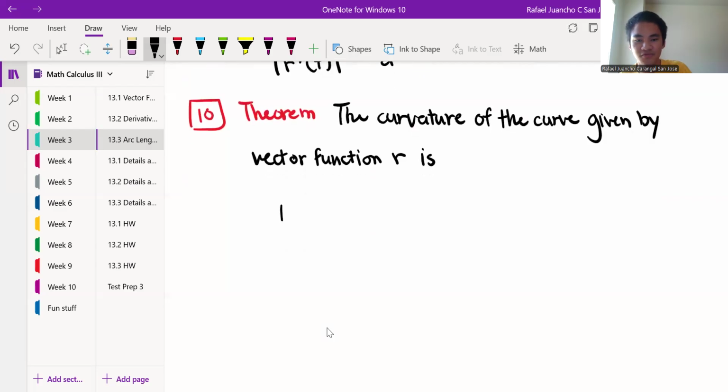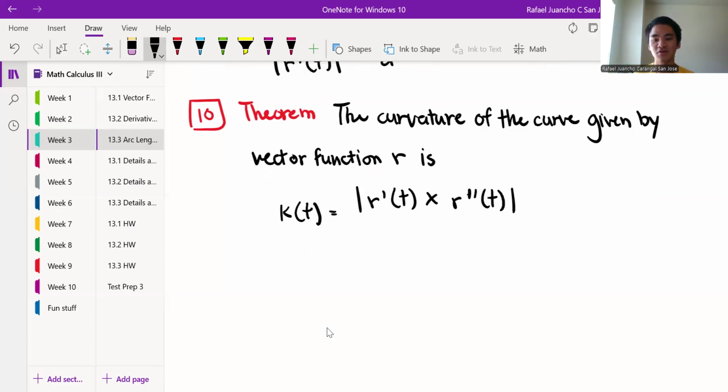I'm not going to go through the proof, but you can go through it. Basically, it's the derivative, and I get the cross product with its second derivative. So I get the first and second derivative, get the cross product of both vectors. Then I divide that by the magnitude of my first derivative, and then I cube that thing.